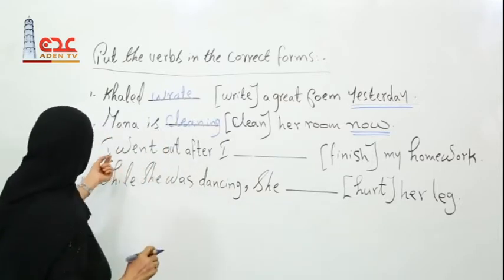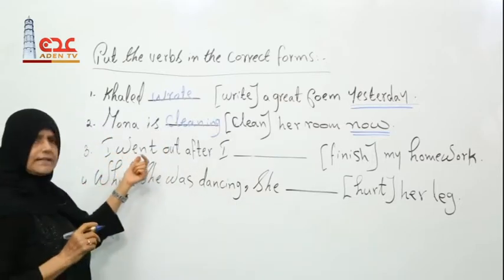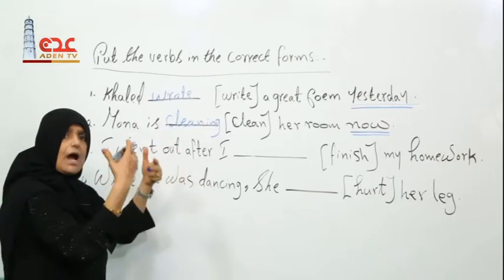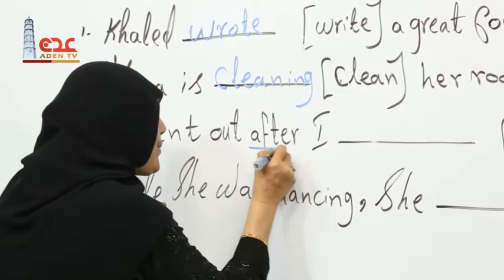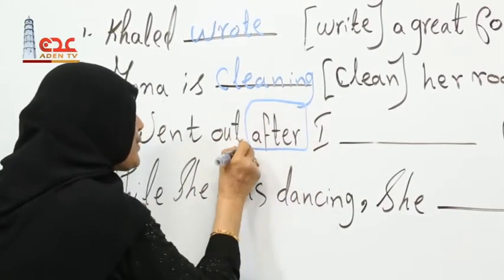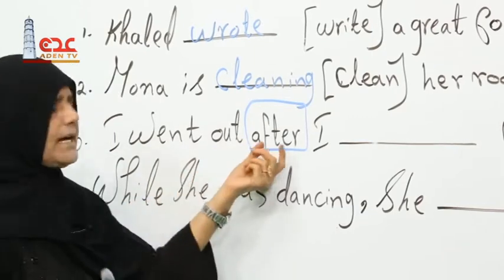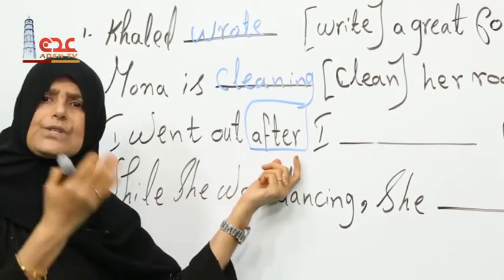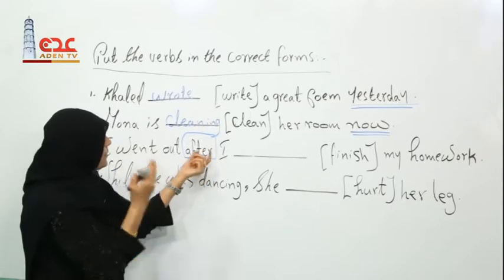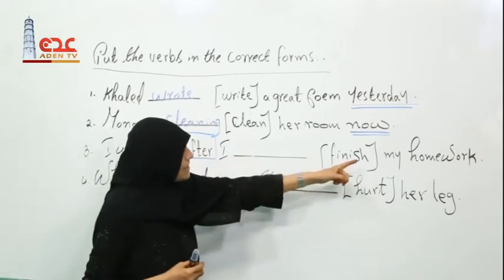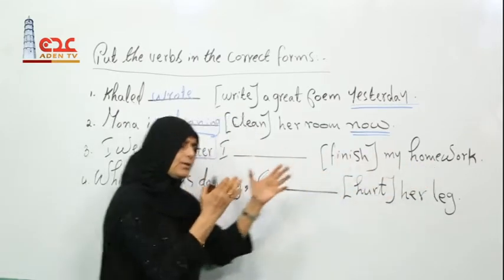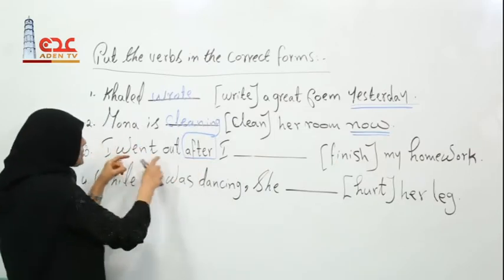Now, I went out after. Look at the word after. I'm talking about the word after. As a rule, how do we change the verb here? Finish my homework. Look, I'm talking about after.